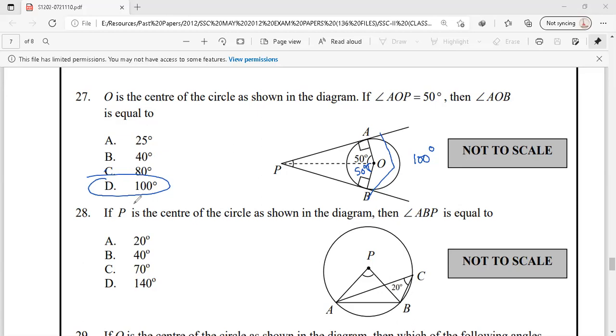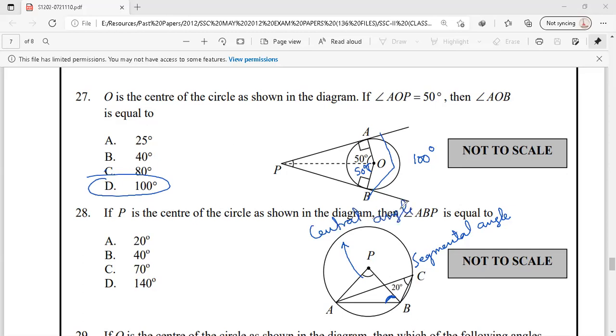In question number 28, we have a circle with center P and a segmental angle is given, that is 20. We have to find the angle ABP. First of all, this is the segmental angle, and the angle at the center P is known as the central angle.